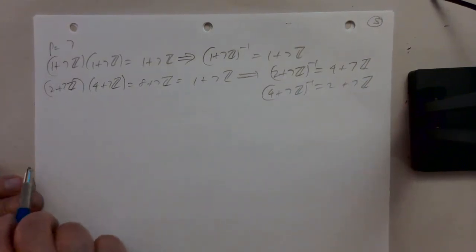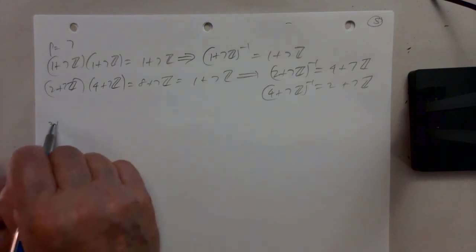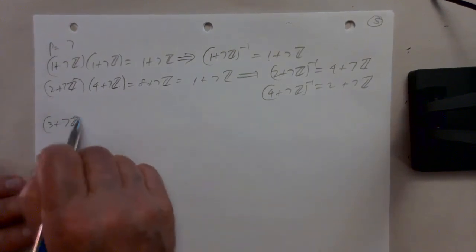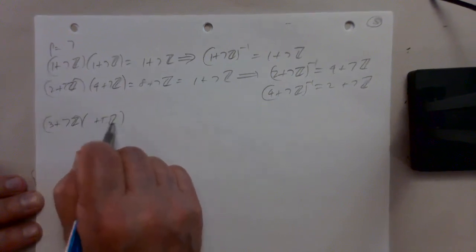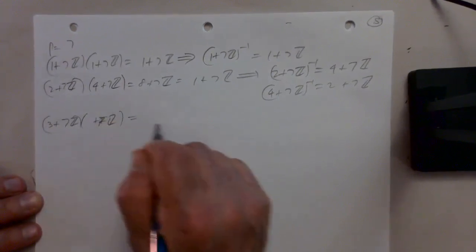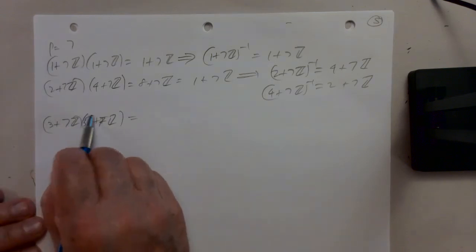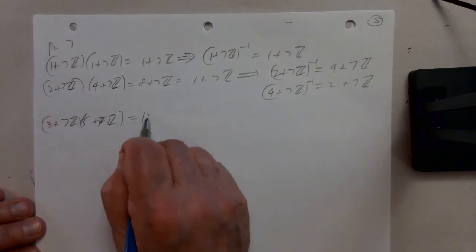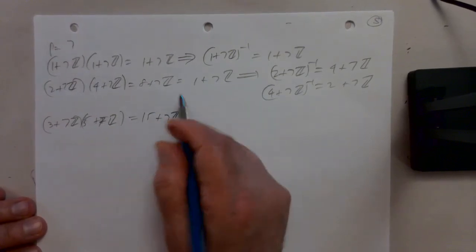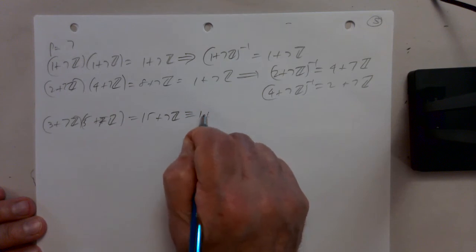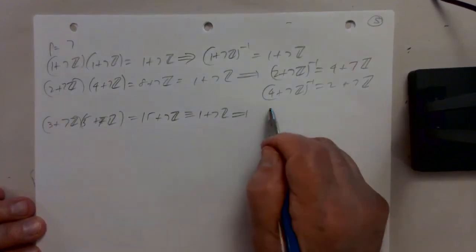Let's see, what's the next class that's missing? 3 plus 7Z. What do we multiply that by to get 1 plus 7Z? 3, 6, 9, 12, 15. 3 plus 7Z times 5 plus 7Z is 15 plus 7Z. 15 is congruent to 1 mod 7.